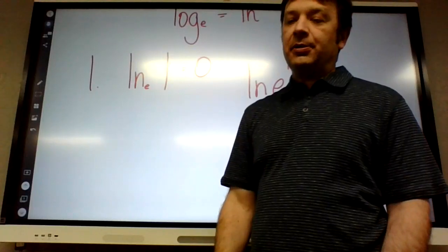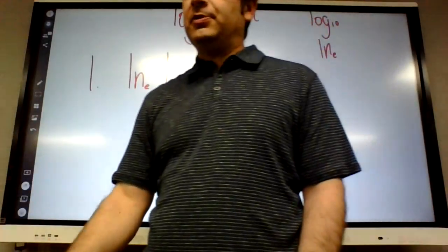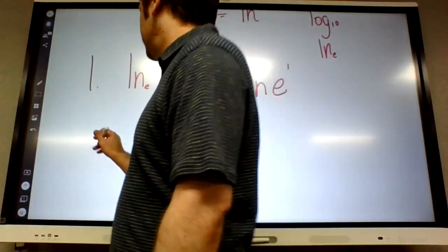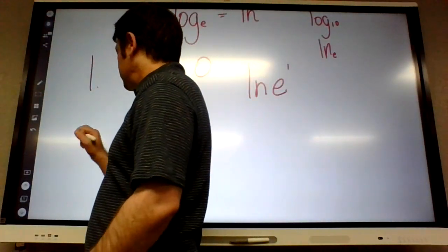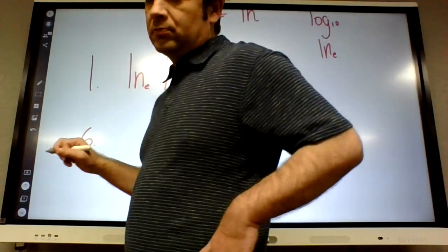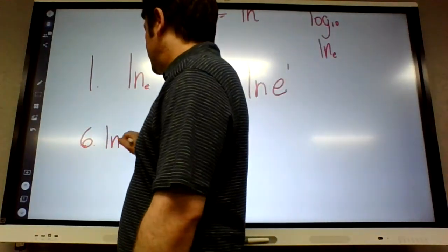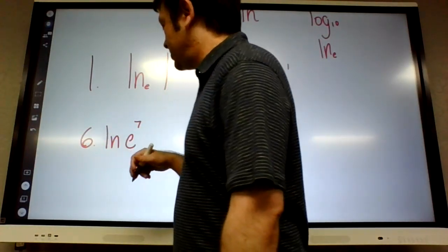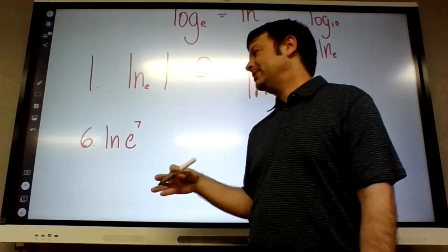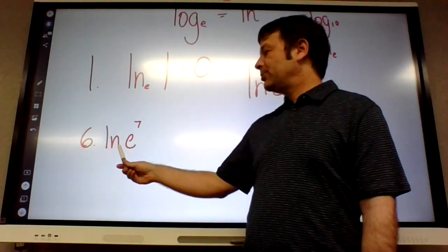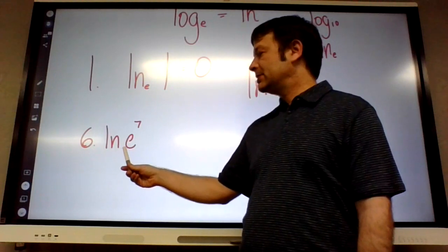Okay, since those first few are calculator, I'm going to jump to number 6. These, they do want you to do without a calculator, and it's pretty easy. So what's my invisible base?